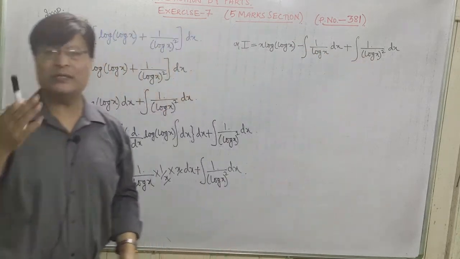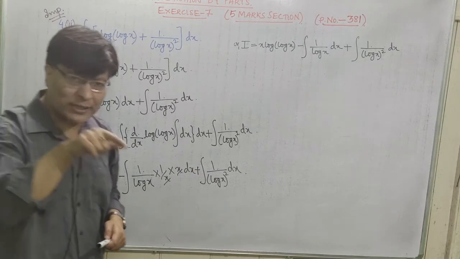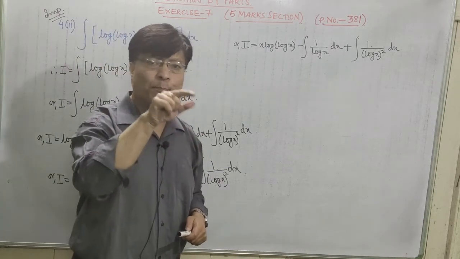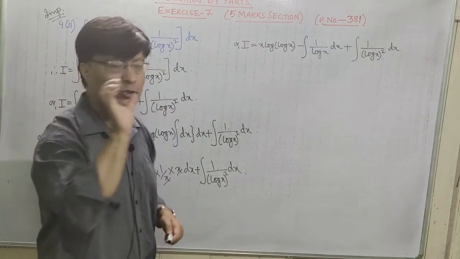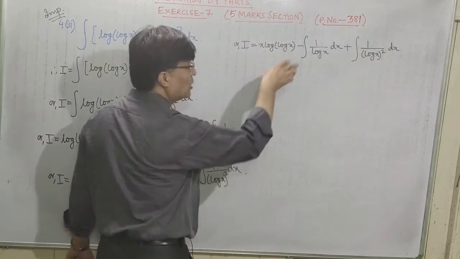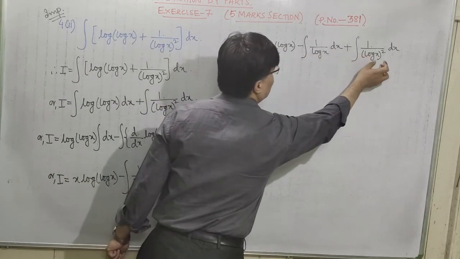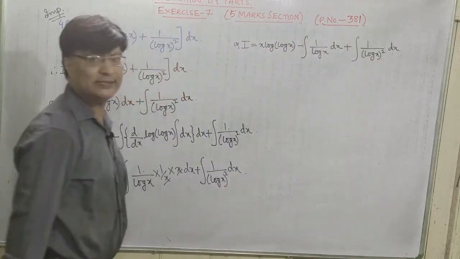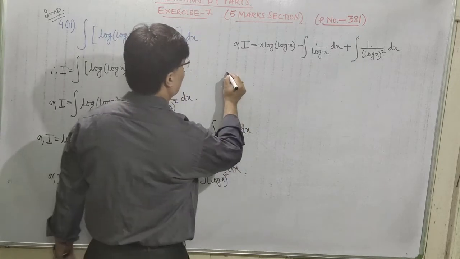What is the differentiation of 1 upon x? It is minus 1 upon x square. But the differentiation of minus 1 upon x will be plus 1 upon x square. That is, the differentiation of the first function is the second function. So let us use integration by parts for this function, keeping the other function as it is. Is that clear?